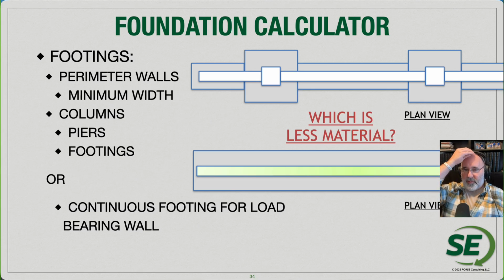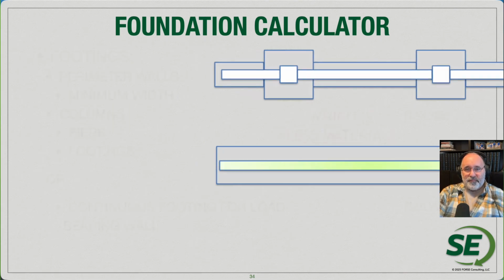Anytime that you can get into a continuous footing for load-bearing walls, you're always going to be saving material for any low to mid-rise buildings.